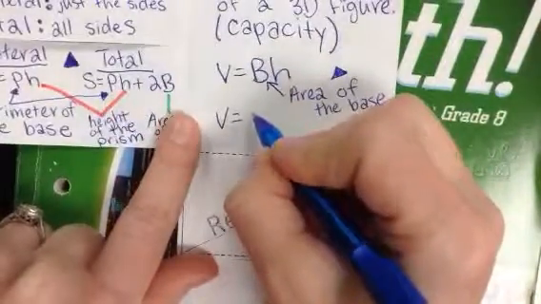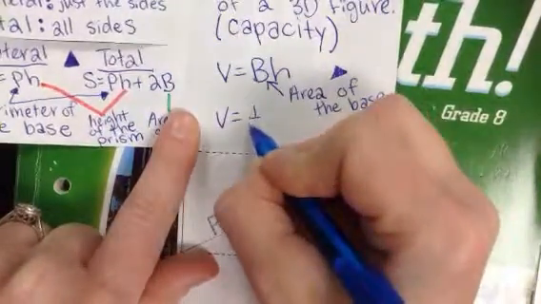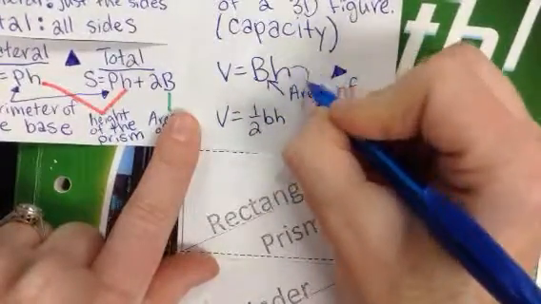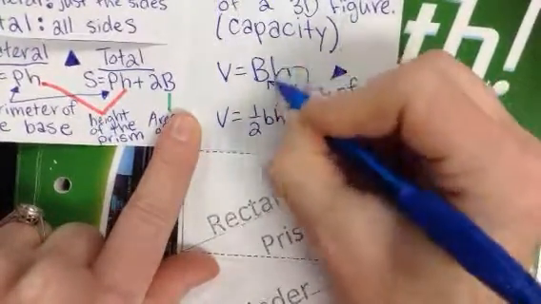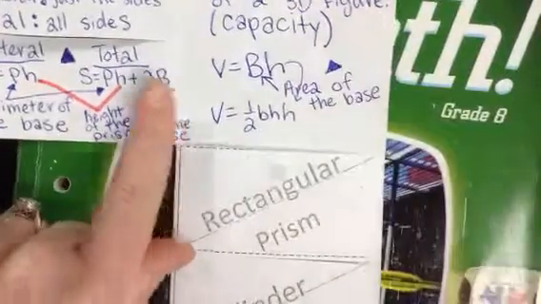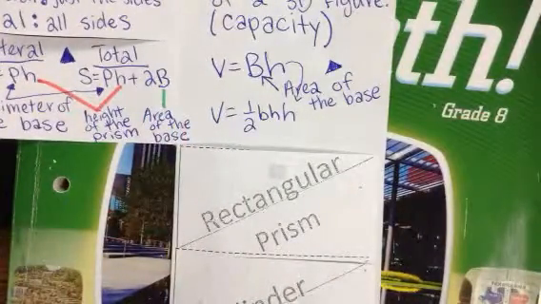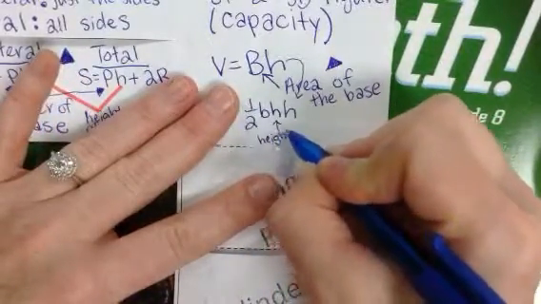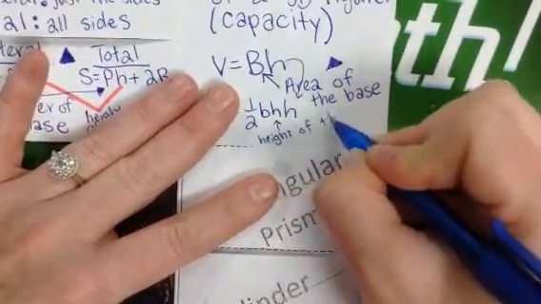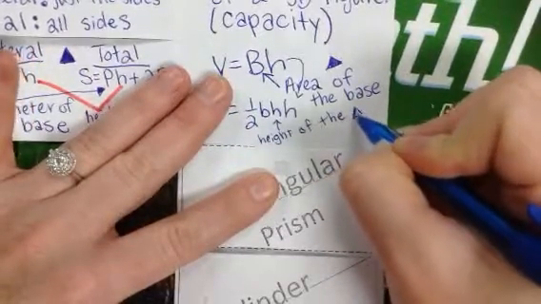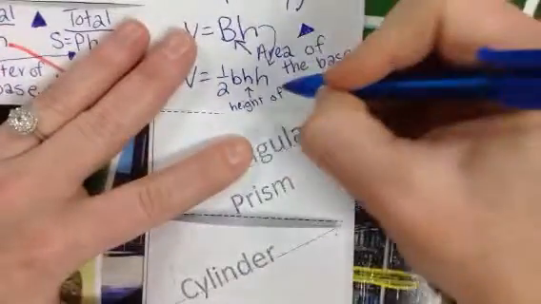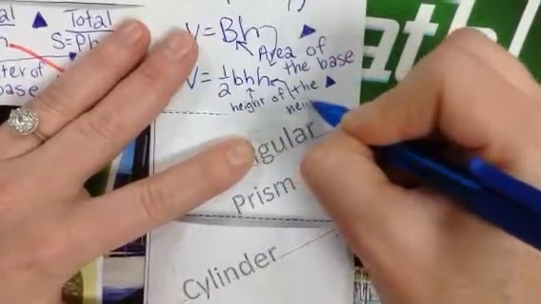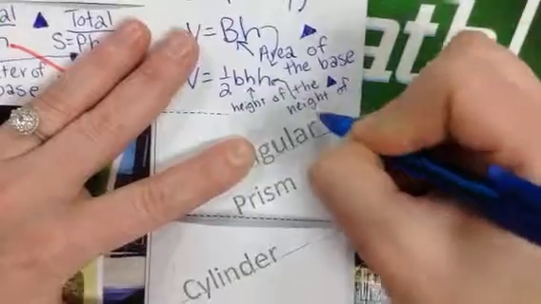Your chart says to get the area of a triangle, it's 1/2 base times height. And then since I still really want to do volume, I had to bring down that h. Okay, so there's two h's in here. This first one stands for height of the triangle. The second h stands for height of the prism.